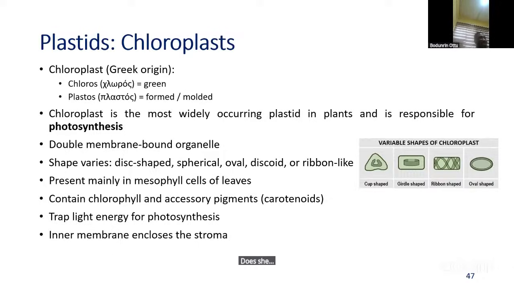Which other shapes? Rod shaped. Rod, yes. Which other ones? Oval, yes. I can see the answer in the chat box. Spherical shape. Elongated. Filamentous shape, thread-like shape. Rod-like shape. Vesicular.